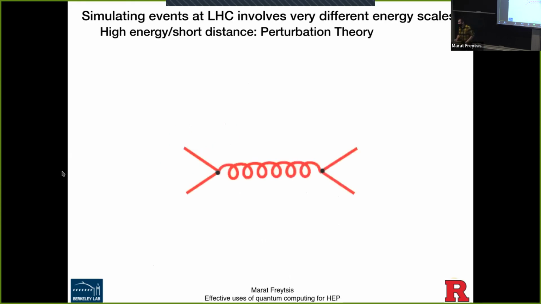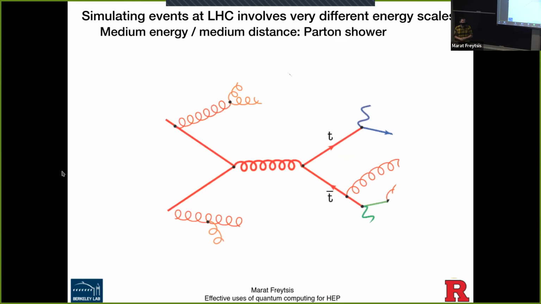Okay, so to simulate things, let's say again, the LHC requires several different energy scales for which we have different tools at the moment to deal with. So at short distances or high energies, perturbation theory works quite well to describe our hard processes. But then, of course, these evolve. Multiplicity goes up, and typically we model this part of the collision using some sort of parton shower Monte Carlo.